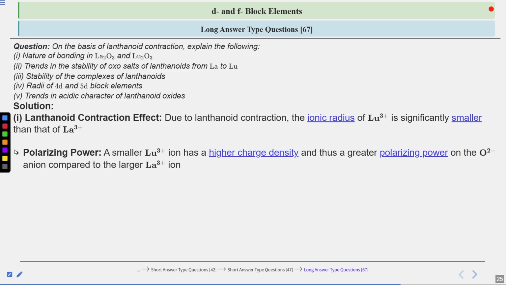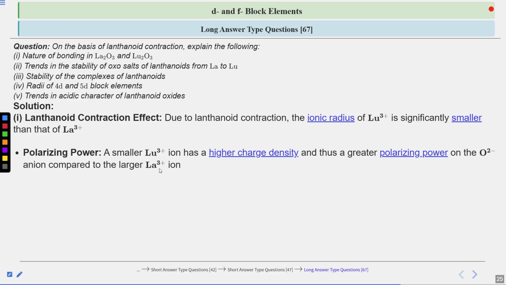And the second thing is polarizing power. If you have a smaller lutetium 3 positive ion, it is going to have a higher charge density, right? Because the size is smaller, the charge density will be more, and thus it will have greater polarizing power on the O2 negative anion compared to the large lanthanum 3 positive ion.